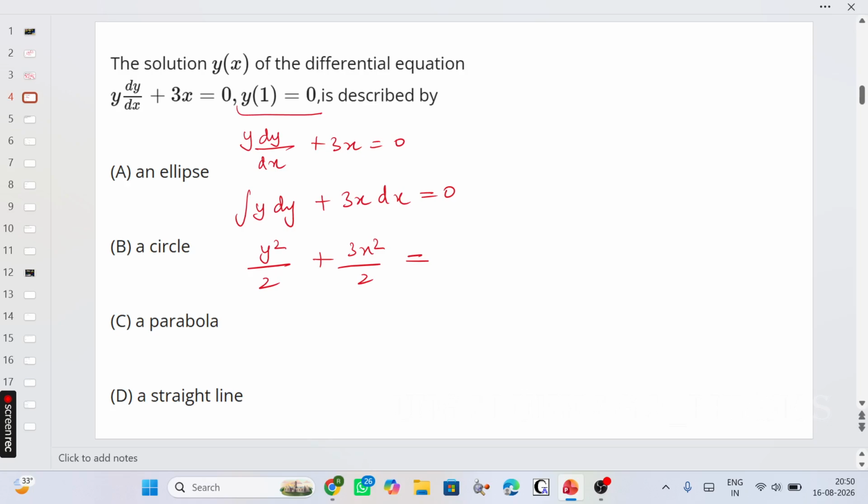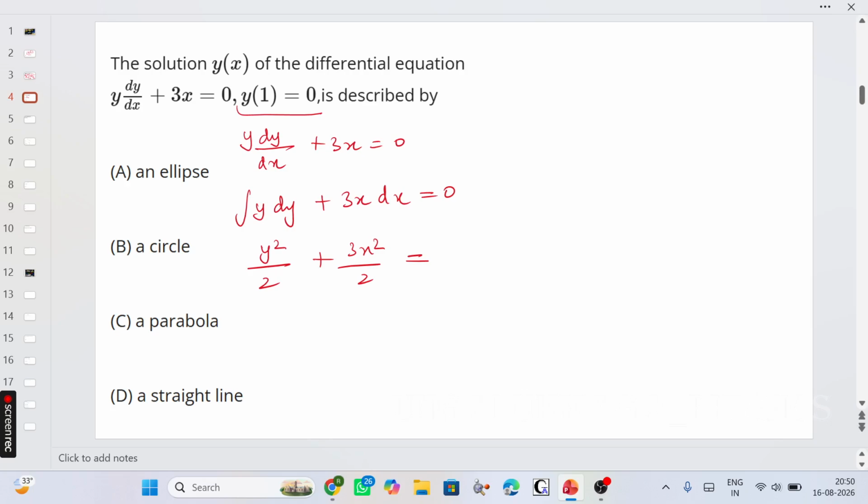So if I divide all these terms by 3, I can write x square by 6 plus y square by 3, because this 3 and this 3 will vanish. So we have y square by 3 is equal to c by 3.